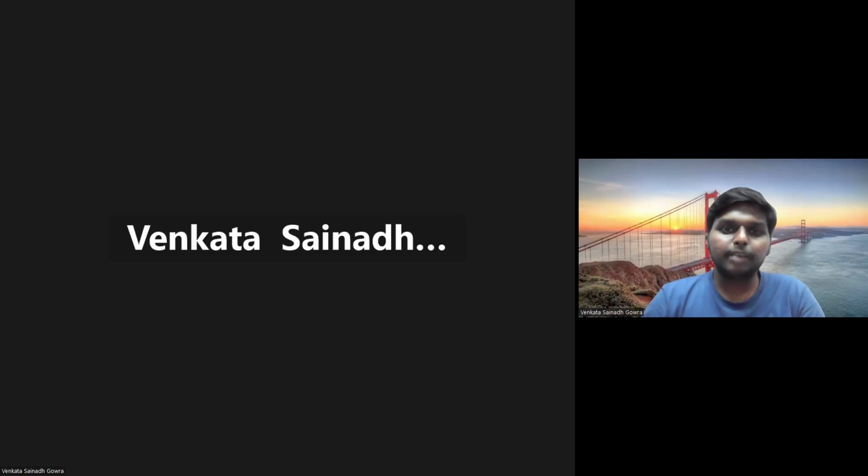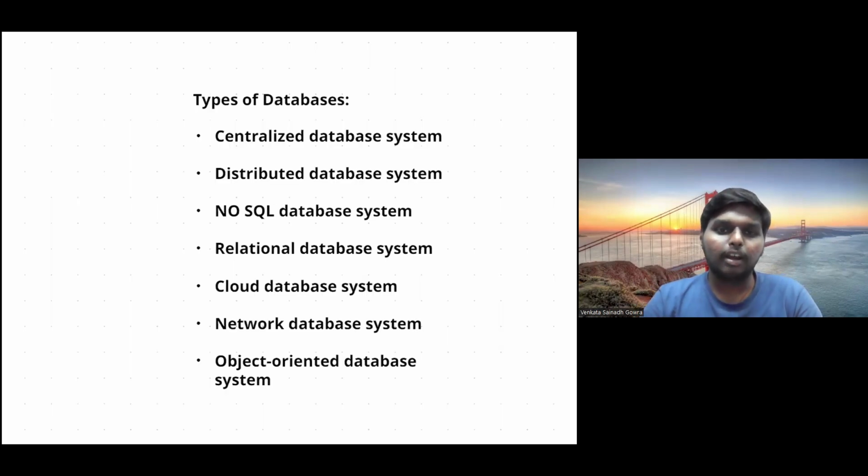There are various types of databases we use, and the list of some of them is given below. Centralized database system, distributed database system, NoSQL database system, relational database system, cloud database system, network database system, and object-oriented database system.